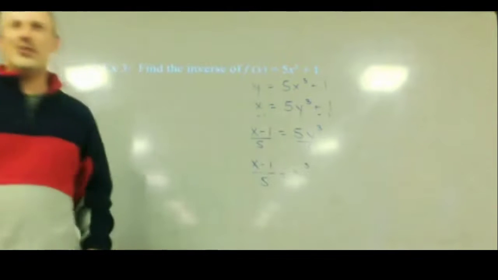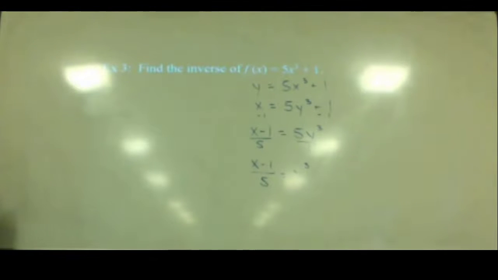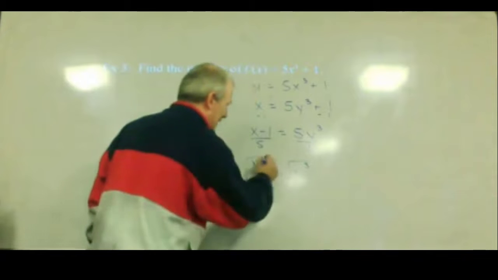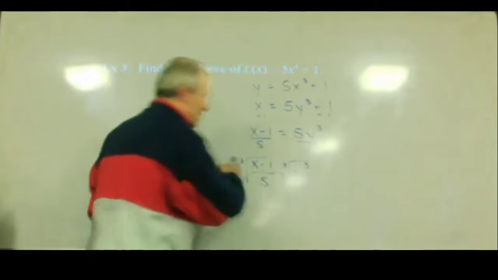What do you think we need to do to get rid of that 3? You're close. It's just a different word, right? In the past, we did the square root of both sides. Since this is a y cubed instead of a y squared, we do what's called the cube root of both sides. So here's what's different about it. It looks the same, except we have an index of 3.